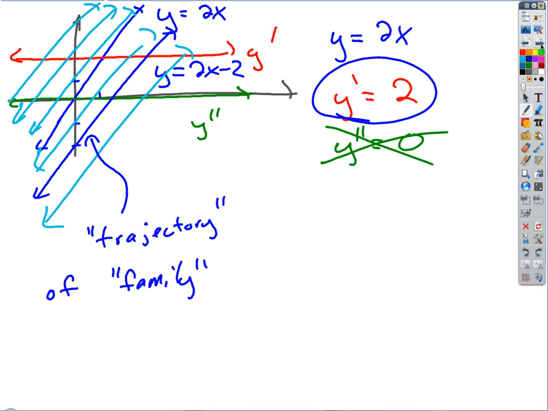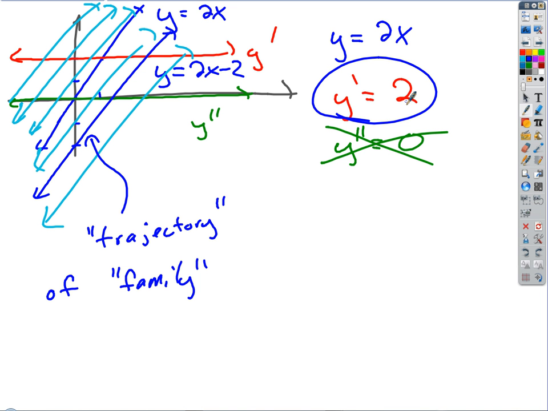Couldn't I say something like, I want to solve the differential equation y prime equals 2, but out of that infinite number of lines that I get back from the family of curves, the general solution, let's specify the one that goes through the point x equals 1, y equals 2, how about?